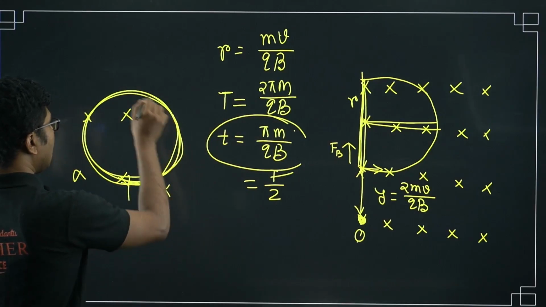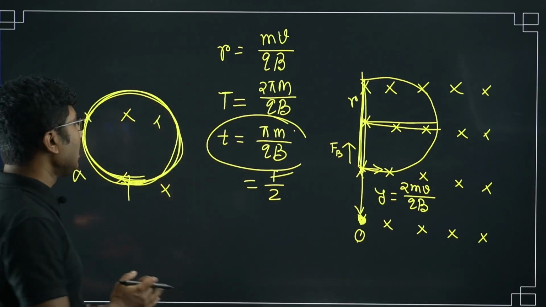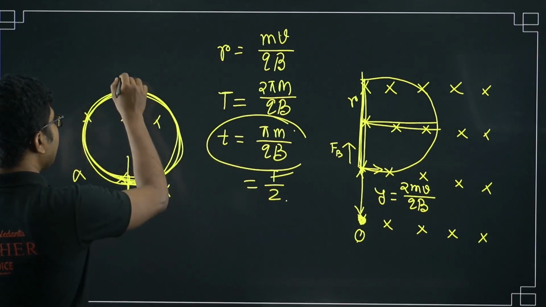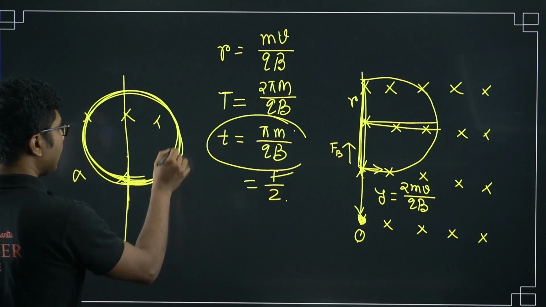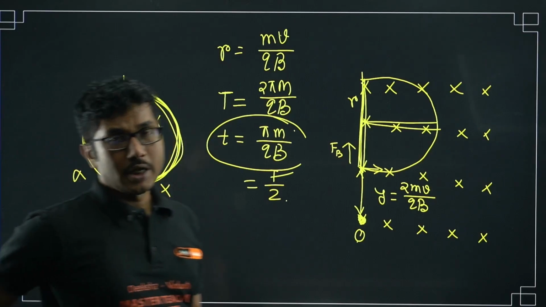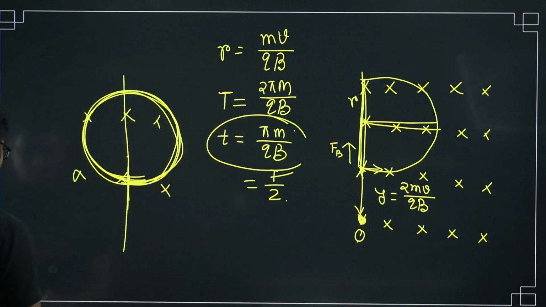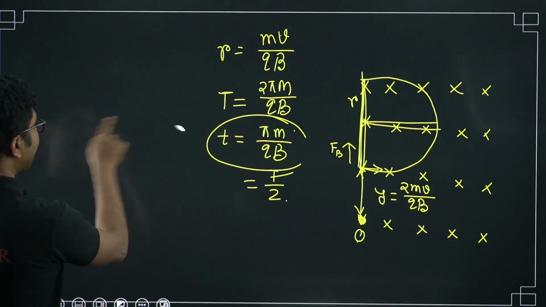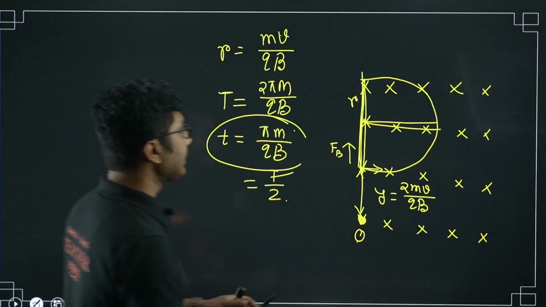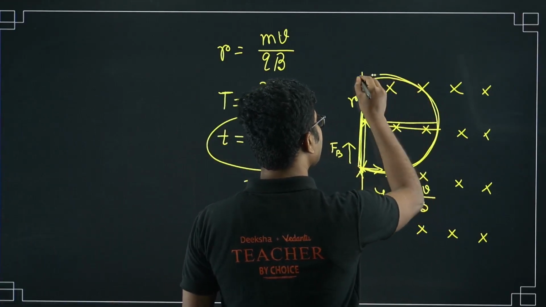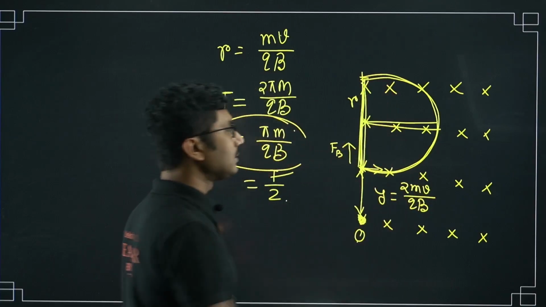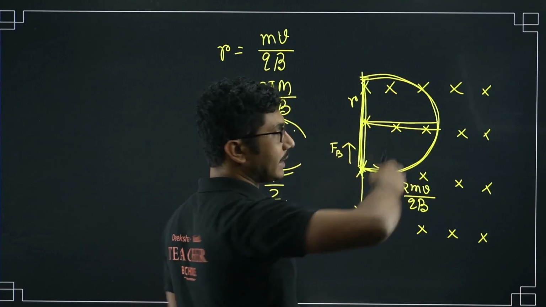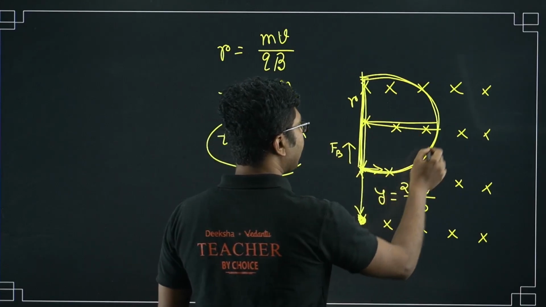If this is the time required to complete one complete motion, then this time, T by 2, it will complete only half of the motion, starting from here. That means the particle will reach here. So this is the diameter basically. If you allow more time, it will complete the full cycle, but now it will only complete the half cycle.